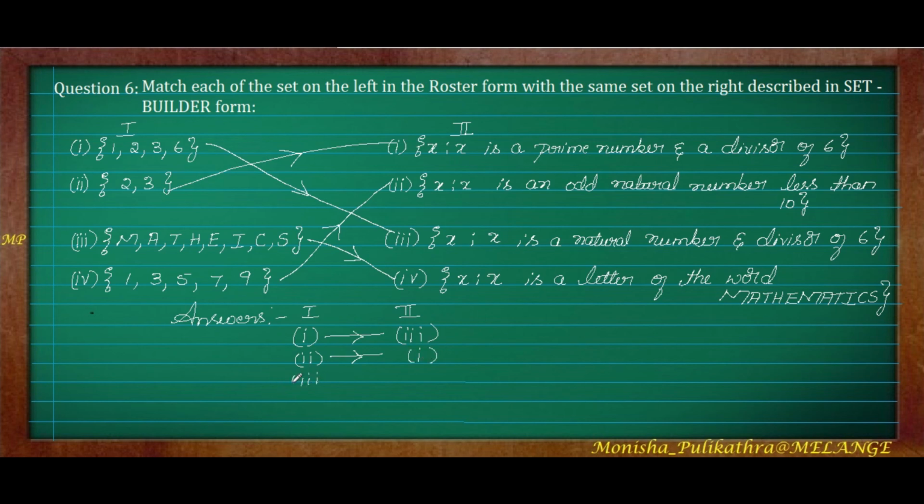Next, the third one matches the fourth one, and the fourth one matches the second one. So 1 to 3, 2 to 1, 3 to 4 and 4 to 2.